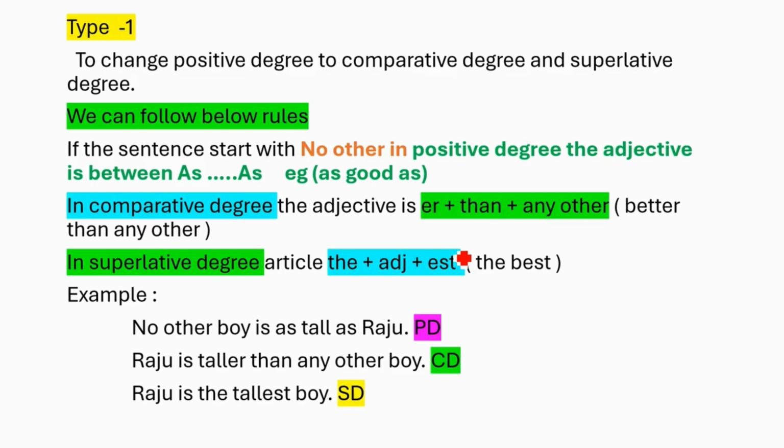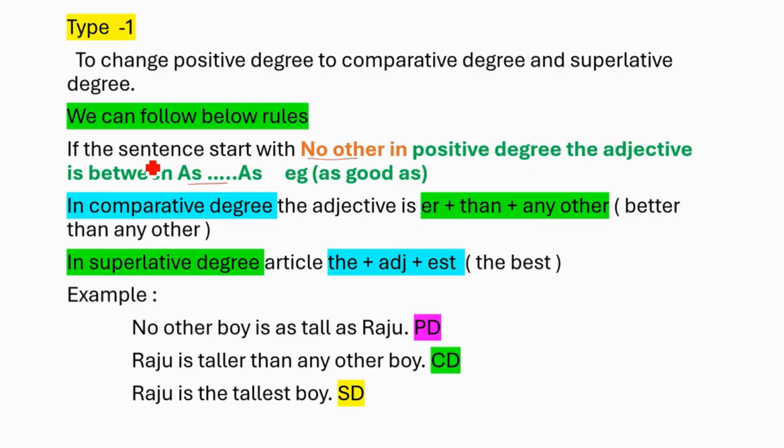So when we follow these rules, if the sentence starts with no other, in the positive degree the adjective is between as. Please listen carefully, understand and focus on what I am explaining.